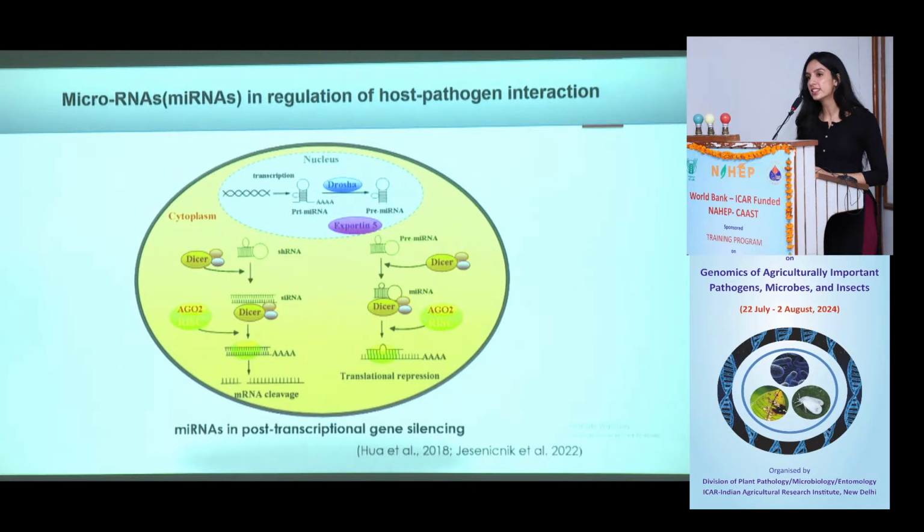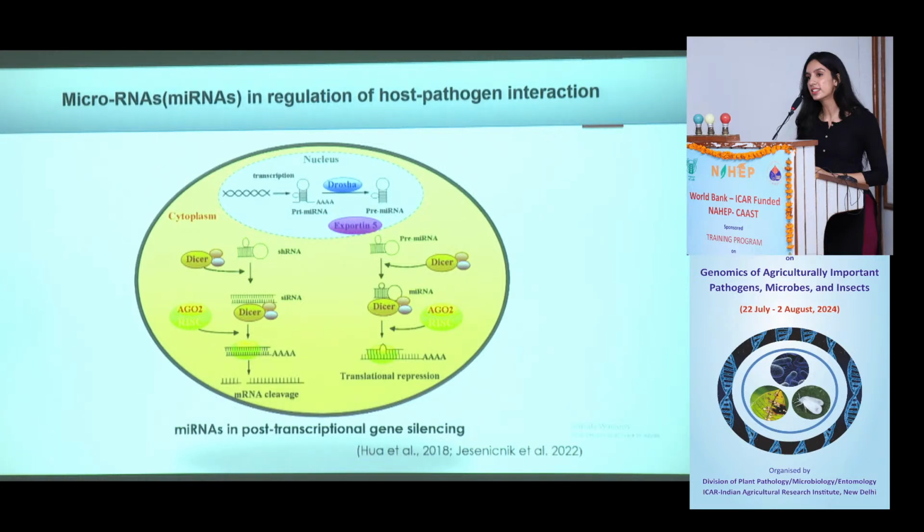Small interfering RNAs, as Dr. Shanmugam told, can be exogenous. We can synthesize them in the laboratory as well, or they can be generated from double-stranded RNAs by the action of the dicer enzyme complex, which in turn leads to mRNA cleavage, that is post-transcriptional gene silencing. MicroRNAs, on the other hand, what are these?